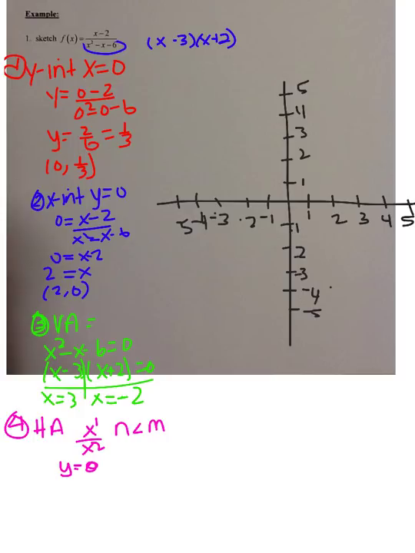Okay, so let's see. Let's get our vertical asymptotes. So our vertical asymptotes are at x equals 3 and x equals negative 2. And I have a horizontal asymptote at y equals 0, which is right on the axis here.